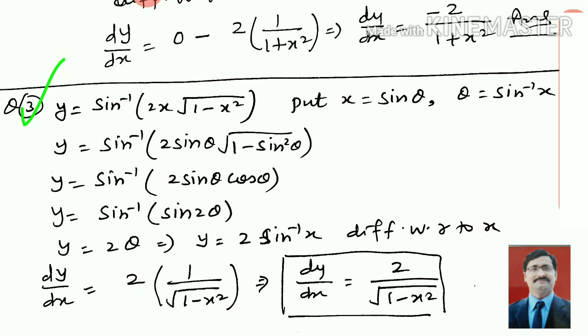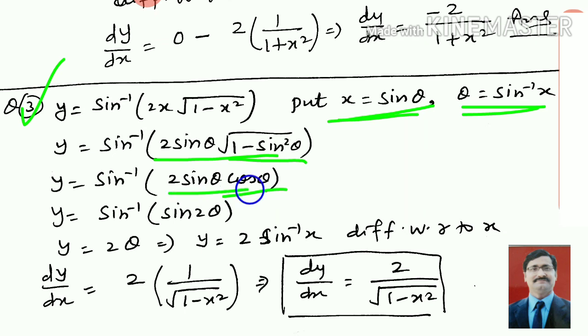Question number 3 is y equals sin inverse of 2x root 1 minus x square. Here you will put x equal to sin theta, so theta equals sin inverse x. So when you put it here, look what you get: y equals sin inverse of 2 sin theta root 1 minus sin square theta, and root 1 minus sin square theta is cos theta.